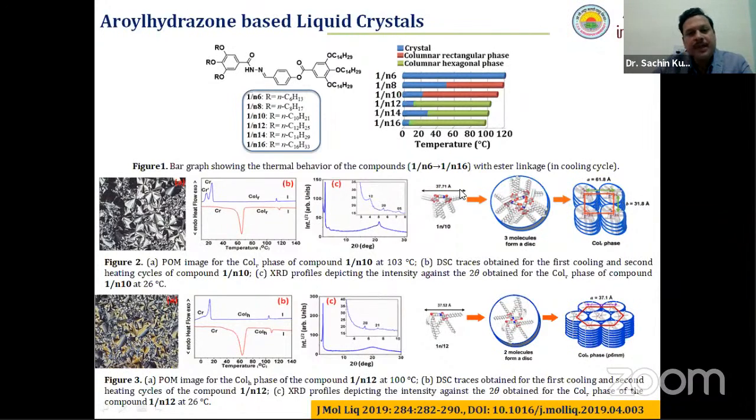We have also done theoretical calculations to get the stacking parameters for rectangular as well as hexagonal mesophase behavior. So we have observed switching of phases, and we have also analyzed it with different techniques. There is even time-dependent analysis too, but to remove the complexity of the slide, I am just showing that result so that I may convey my message to the scientific community about the beauty of this core.